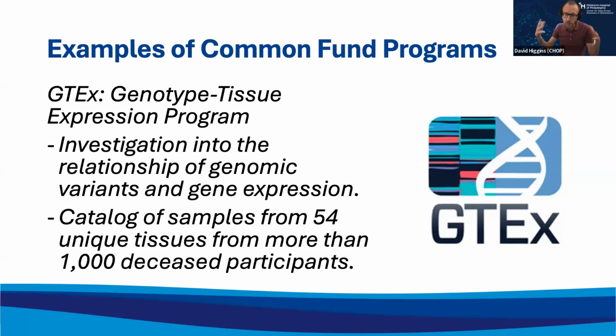It's very big in terms of the number of participants, but it's also very interesting because it is a collection, as we said, of 54 different tissues from the human body. So from your head to your toe, depending on what you're researching, there's probably a sample that could be useful to you as an investigator.